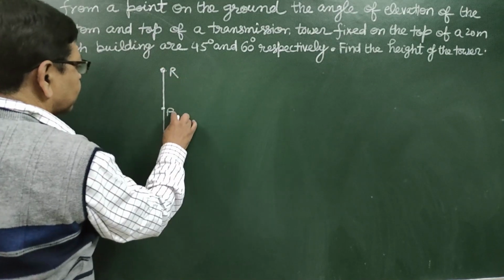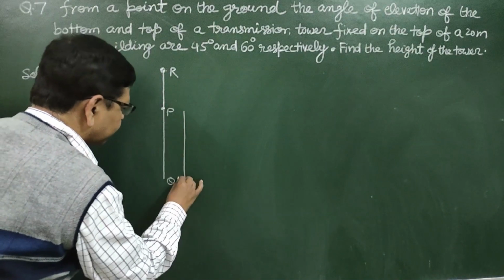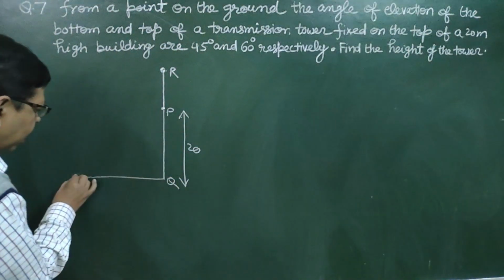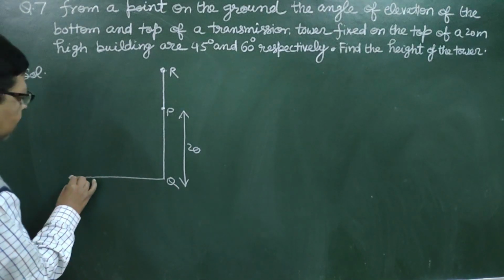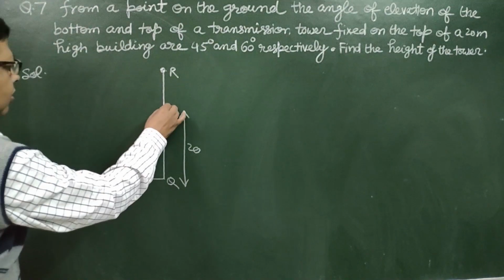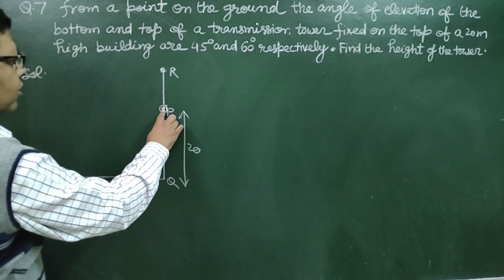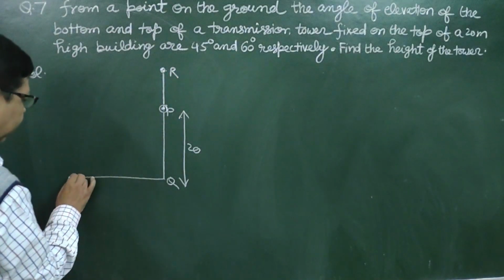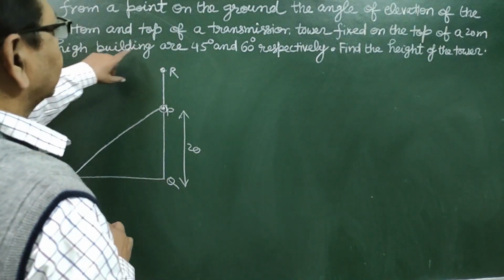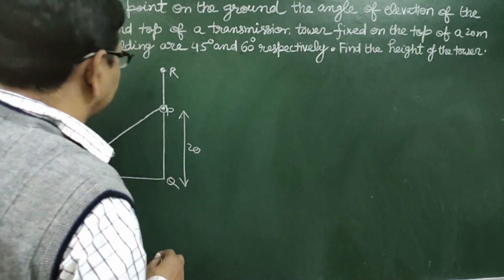So this is the transmission tower PR, and PQ is a building whose height is 20 meter, and this is ground level, and there is a point S from which the angle of elevation, this P is the bottom of the transmission tower and R is the top. So the angle of elevation of the bottom is given 45 degree and the top is 60 degree.